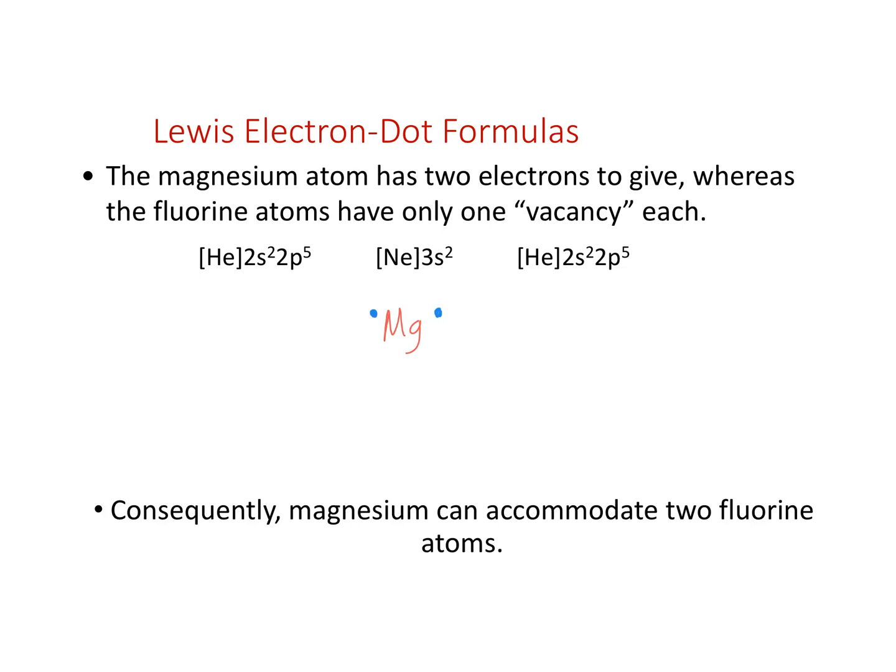Fluorine is helium 2s2, 2p5, so fluorine has 7 valence electrons. I'm going to draw the Lewis structure for both of those. My 7 valence electrons on fluorine: 1, 2, 3, 4, 5, 6, and 7. Do the same 7 over here: 1, 2, 3, 4, 5, 6, and 7.